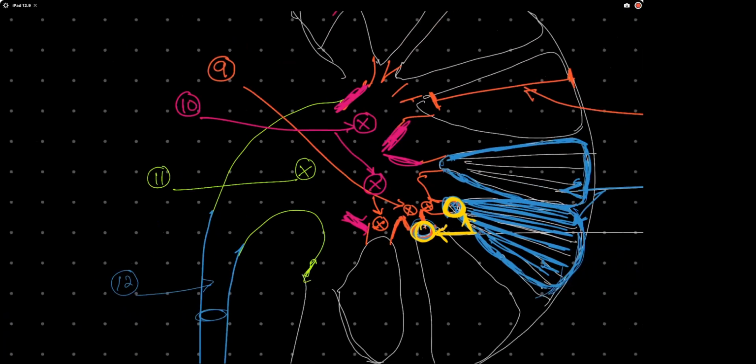What do we call those small ducts carrying the urine from the renal papillae, from the tip of those renal pyramids? Yeah, a single one is a minor calyx, and multiple ones are my minor calyces. So I've got here, this is going to be a minor calyx.